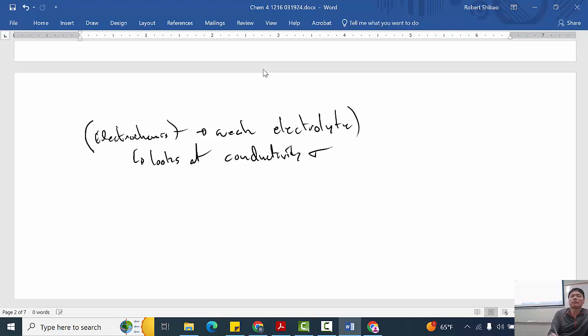So we're going to come up with a compromise. What we're going to say is a strong electrolyte but with limited solubility.